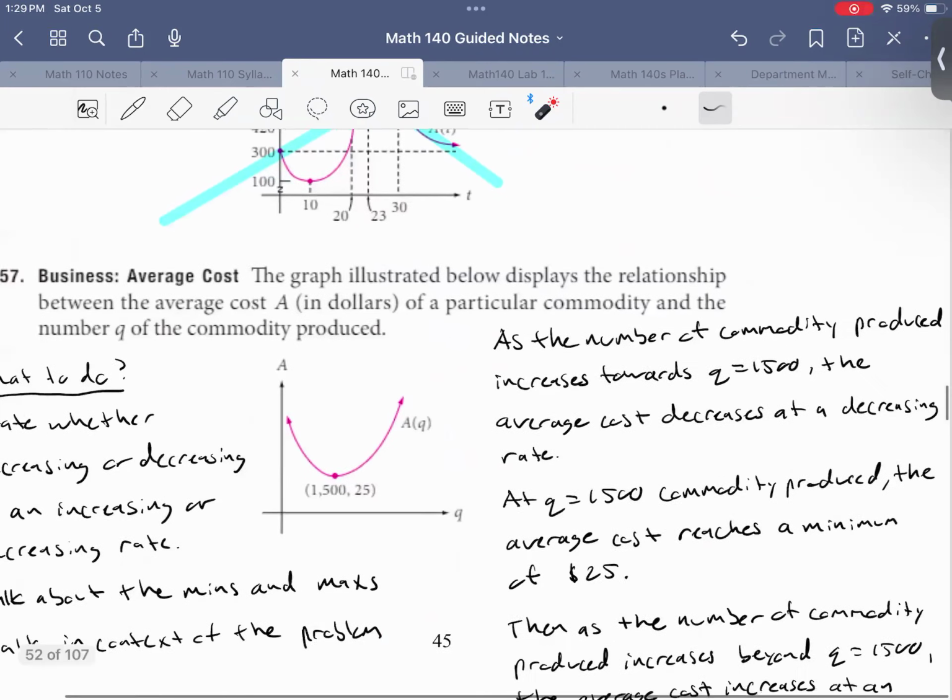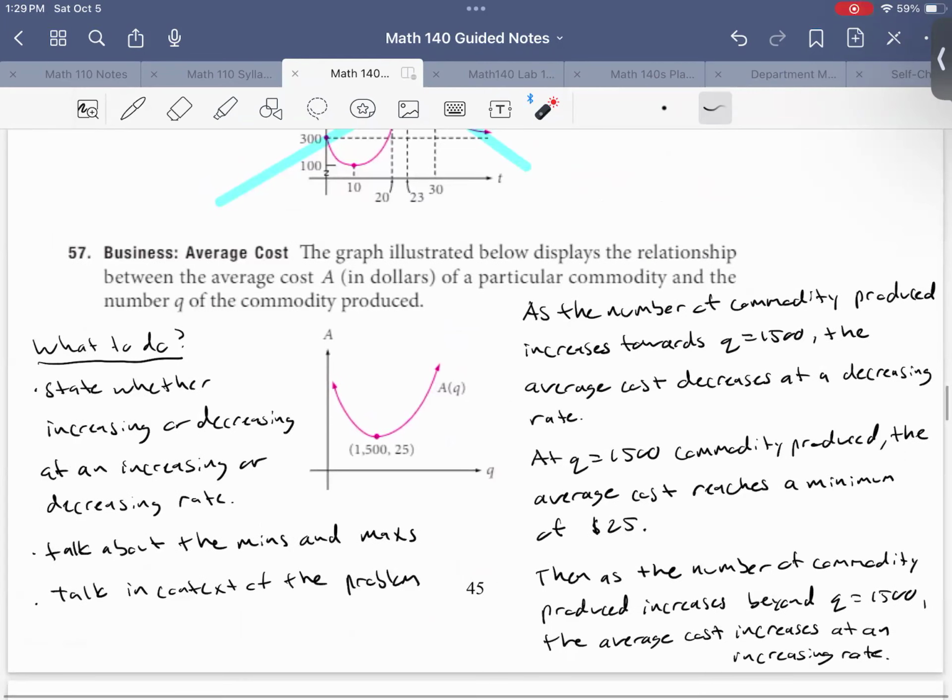So let's go ahead and piece this together. I know that I have this min right here at 1500, 25, right? So let me just go ahead and check out what's going on before that.